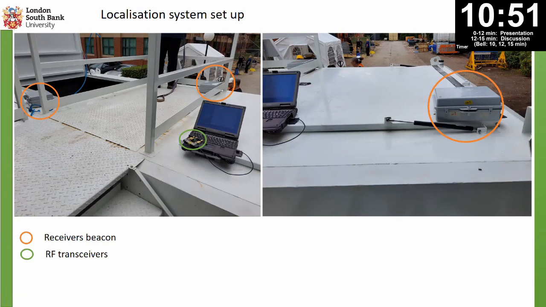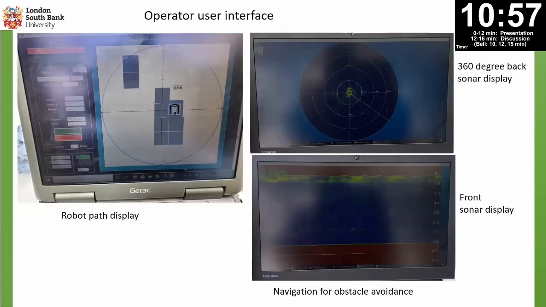From now, we process 1,000 of data before we can display it on this screen. So the accuracy is not too good, because, for example, we got some data which is outside the tank here. So our aim is to improve the accuracy of this system.